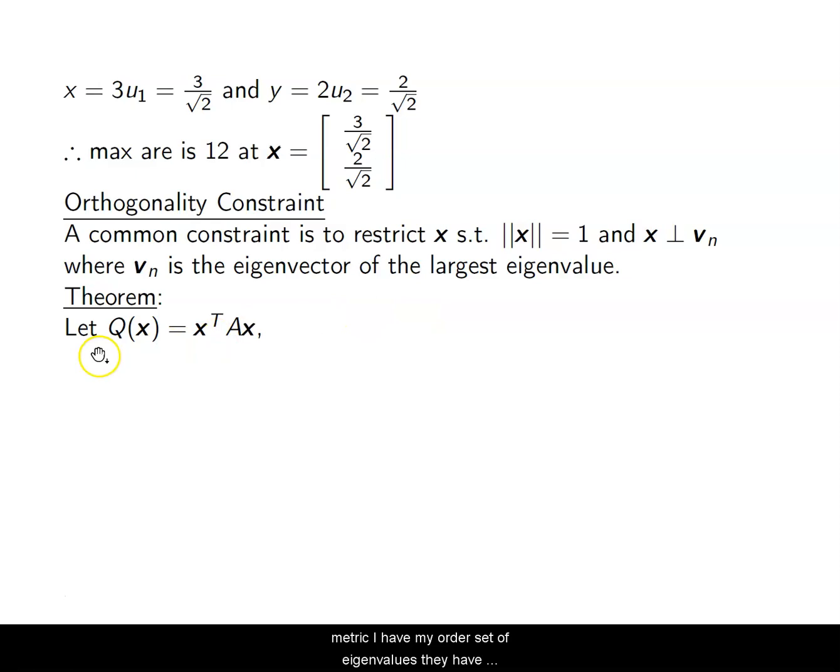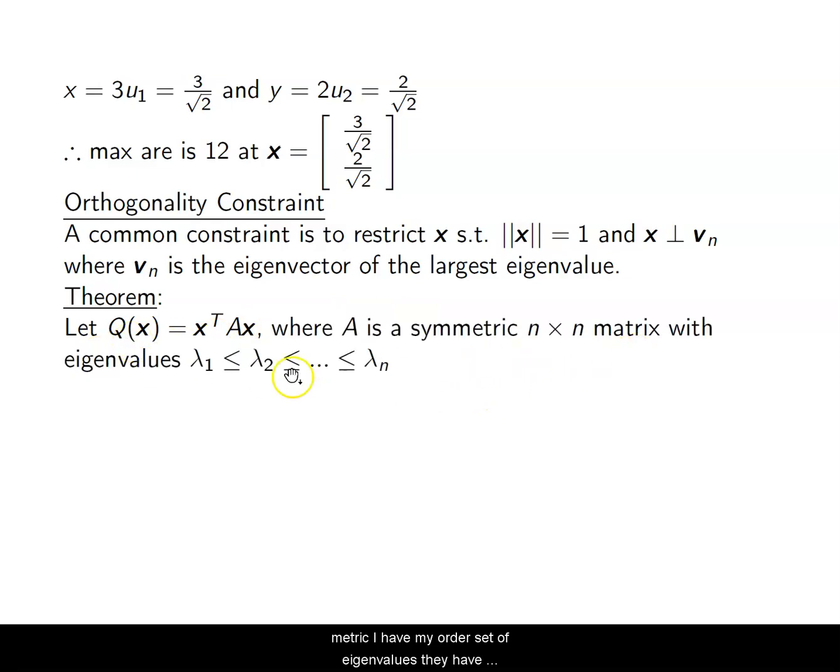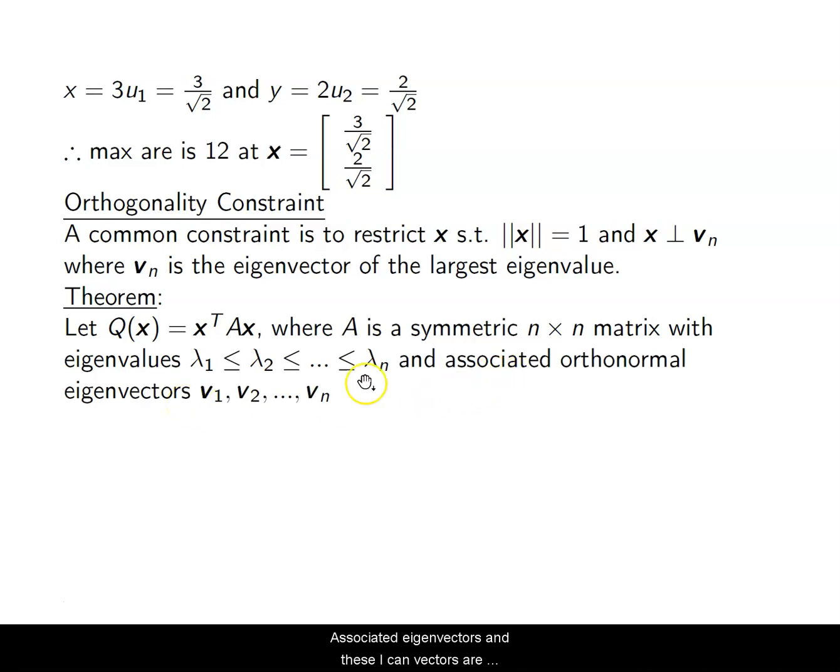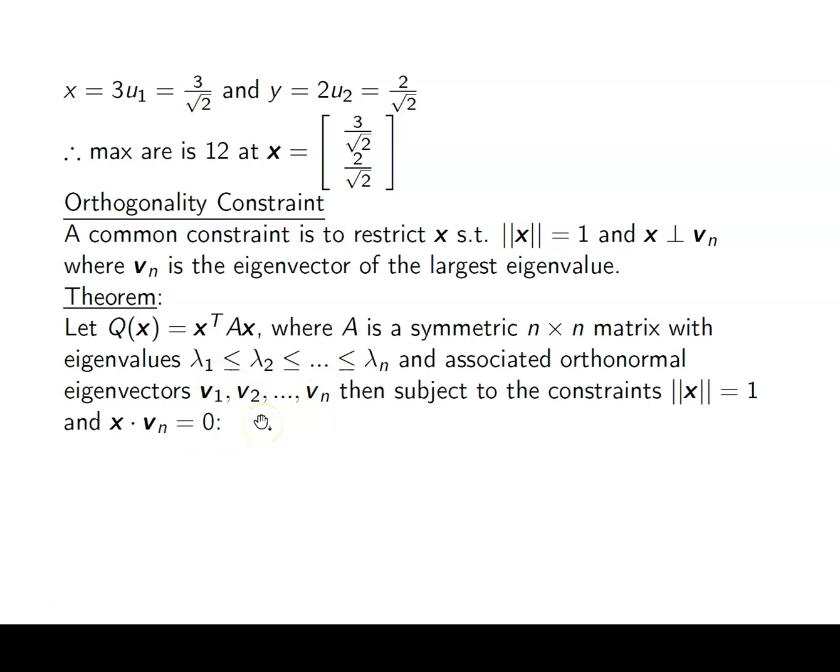So the theorem is that I have my quadratic form, A is symmetric, I have my ordered set of eigenvalues, they have associated eigenvectors, and these eigenvectors are orthonormal. So they're all orthogonal to each other, and they're all normalized, right? They all have a length of 1.